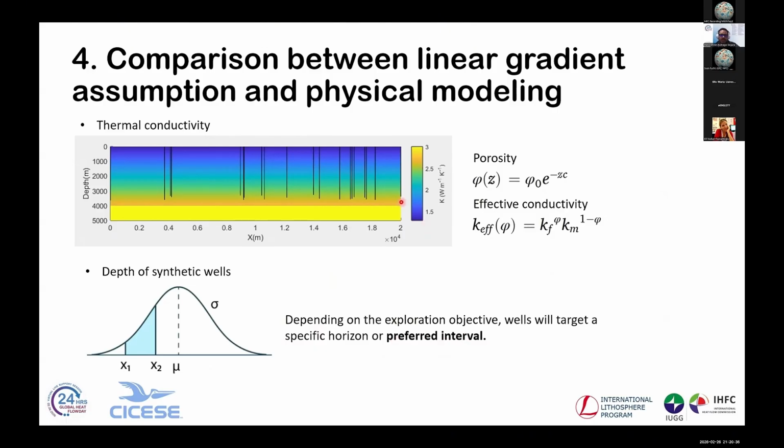That is what we see in sedimentary basins studied by the oil and gas industries. We don't have a homogeneous sampling of temperature. We have an interval where most of the wells are drilled to achieve that specific depth.